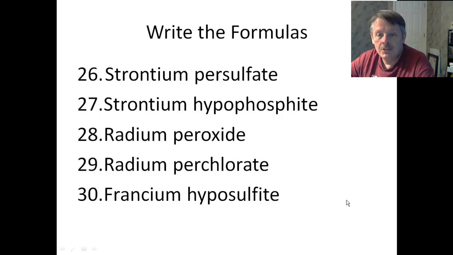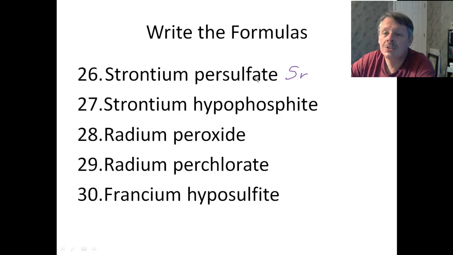All right, now these get a little bit trickier. We have strontium. If you look up strontium on the periodic table, strontium is in column 2. Strontium is Sr, and per sulfate, well, sulfate is SO4, but per sulfate tells you it has an extra oxygen.